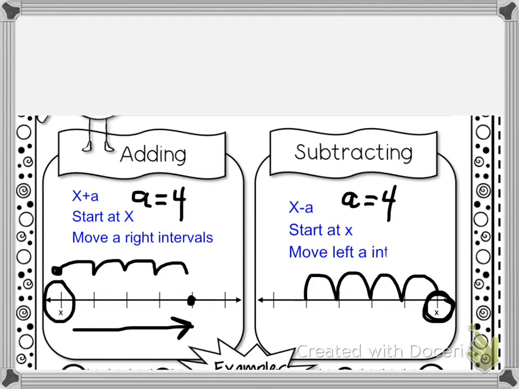So we started at x, and we move to the left, however many the second number tells us to. So in this case, because we're looking at letters, a is our second number, so I move however many a tells me to, and I move to the left because I'm subtracting. My numbers are getting smaller.